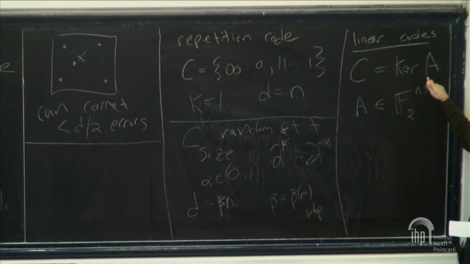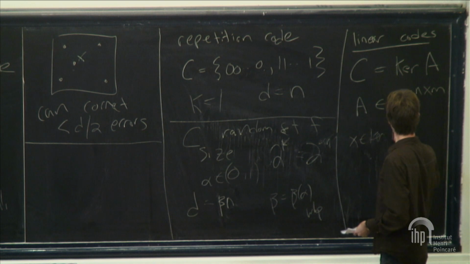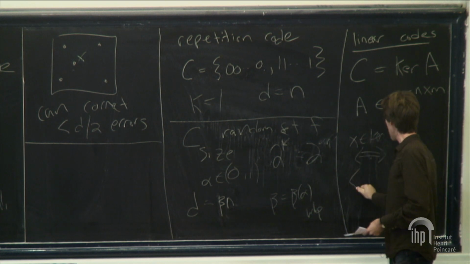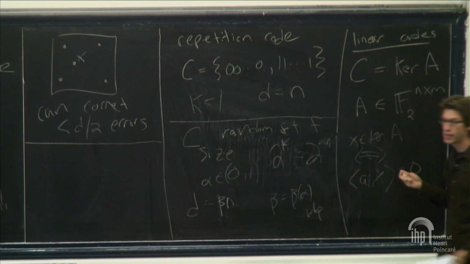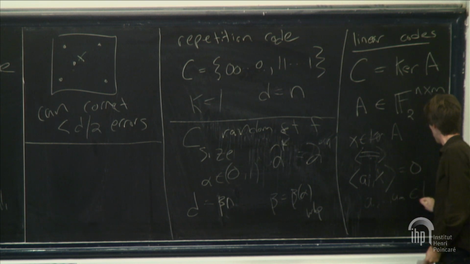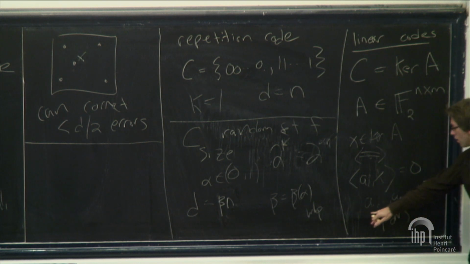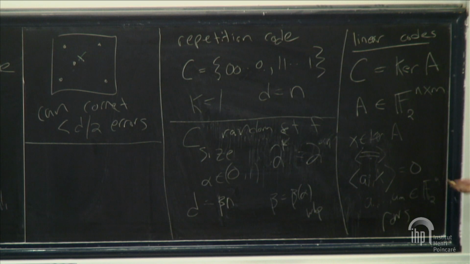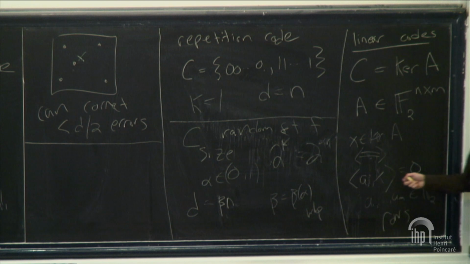Saying that x is in the kernel of the matrix is the same as saying that it has 0 inner product with each row. These lowercase a1 through am are the rows of the matrix. These you can call the checks of the code. So saying you're in the code means that you pass all of these parity checks.